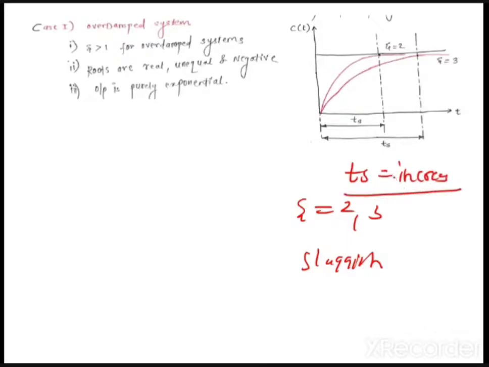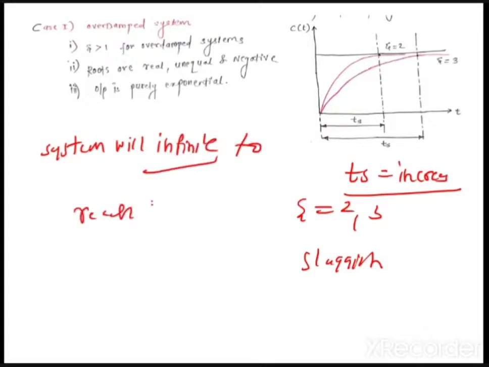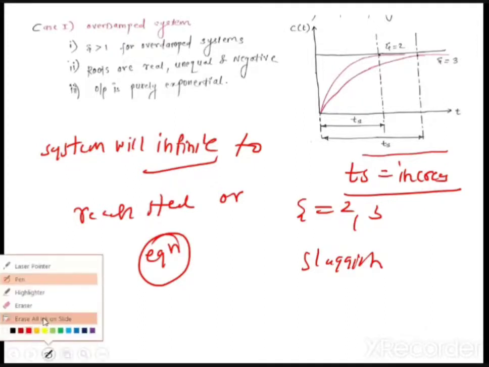The system will take infinite time to reach the steady state, or you can also call it the equilibrium position. That is why this overdamped case is most rarely used in practical applications. Why? Because settling time goes on increasing, and the system becomes more and more sluggish. Means what? The system will resist more and more. Sluggish means the resistance goes on increasing. I hope it is clear to all of you.